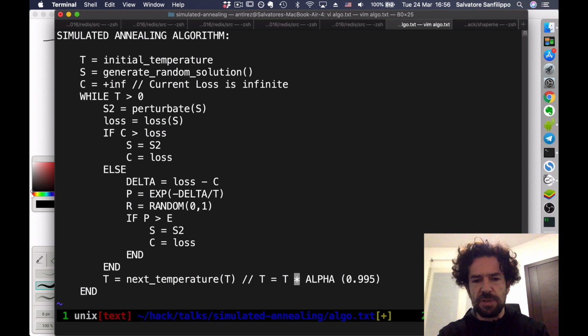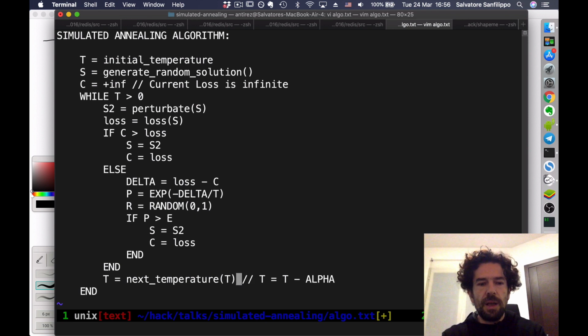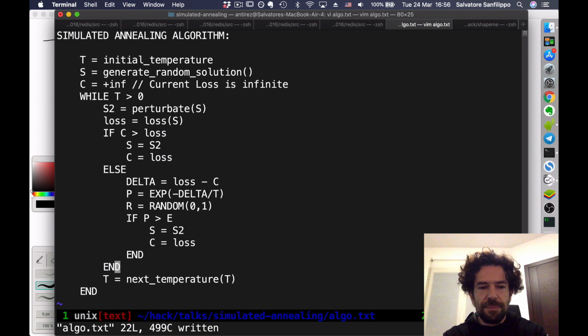However, it is also possible to have a linear change of the temperature. There are many different scheduling possibilities for the temperature. So that's the basic algorithm.